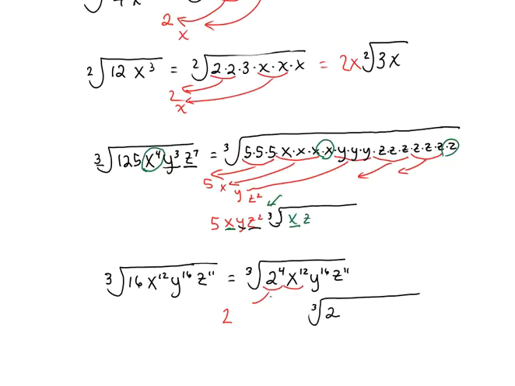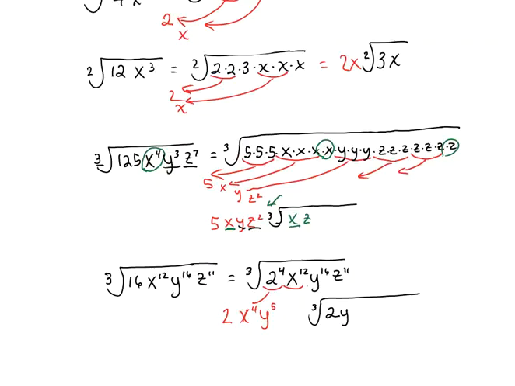Well, 3 goes into 12 4 times, so there'll be x to the 4th on the outside with no x's on the inside. For the y's, 3 goes into 16 5 times, so we're going to have y to the 5th on the outside, but we'll have a y left over on the inside.